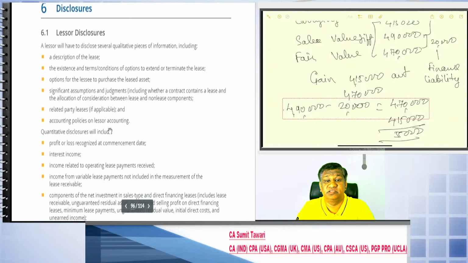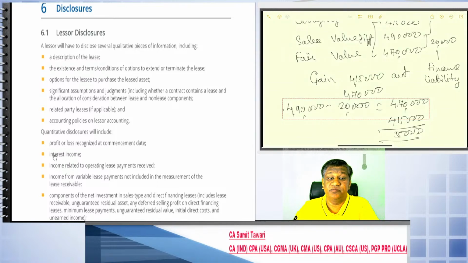Then lessor disclosure: the lessor will have to disclose several qualitative pieces of information, including a description of the lease, the existence of terms and conditions, options to extend or terminate the lease, options for the lessee to purchase the lease asset, significant assumptions and judgments, including whether the contract contains a lease and the allocation of consideration between the lease and non-lease components, related party leases, and accounting policies.